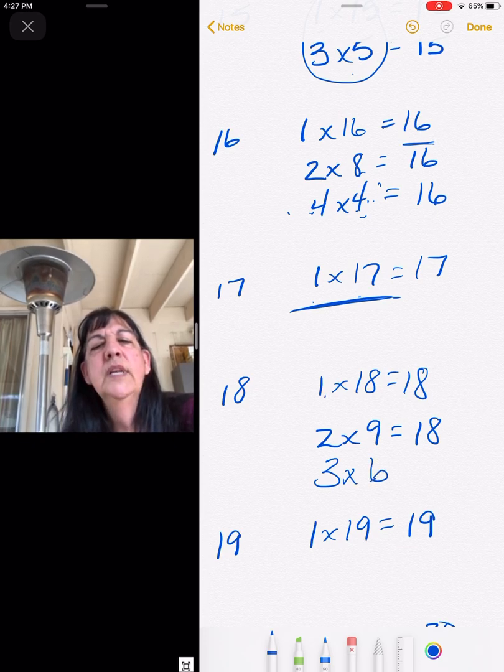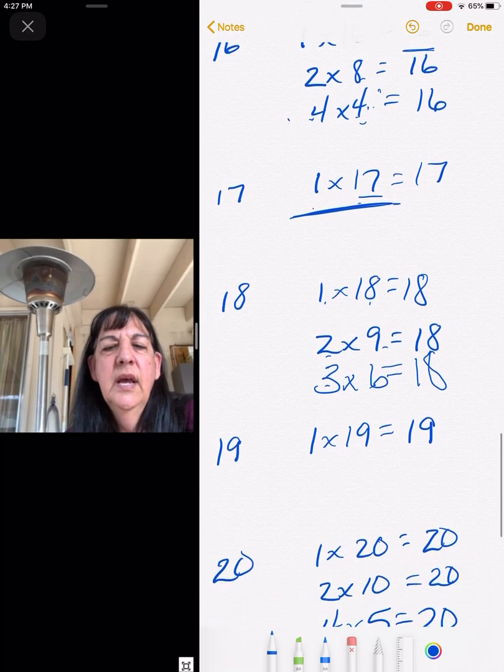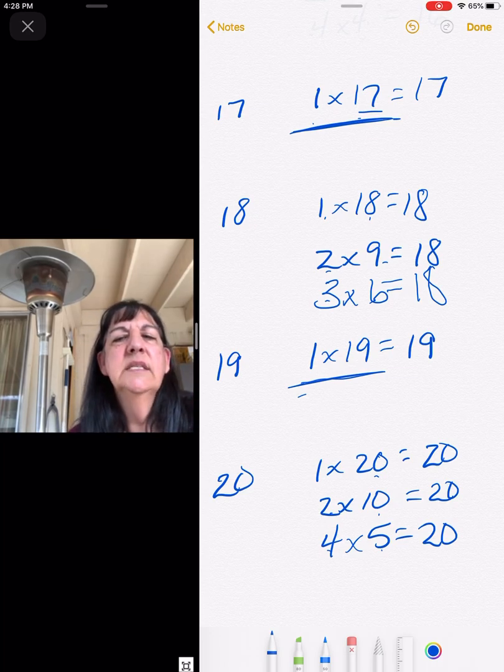Okay, 1 times 18, 2 times 9, and 3 times 6 all equal 18. So we have 6 factors for 18. Can't be a prime number. It can only have two numbers. 19 is 1 times 19. Those are the only two numbers, so it's prime. And then 20, we have 1 times 20, 2 times 10, and 4 times 5. There are 6 factors, so that has to be a composite number.